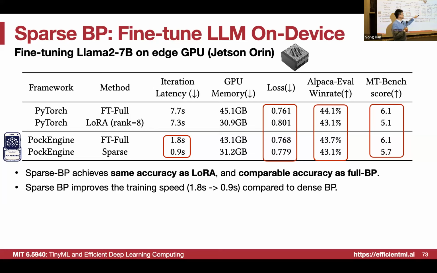The memory is comparable to the LoRA approach, but it's a lot faster, like 7 seconds versus 0.9 seconds. And the Alpaca evaluation win rate is on par, sometimes even better, compared with LoRA fine-tuning or full fine-tuning.